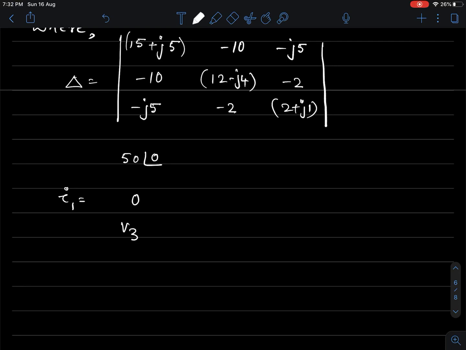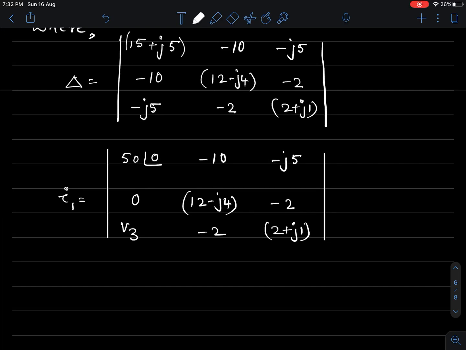I have V3, minus 10, 12 minus J4, minus 2, minus J5, minus 2 plus J1. This determinant should be equal to 0.